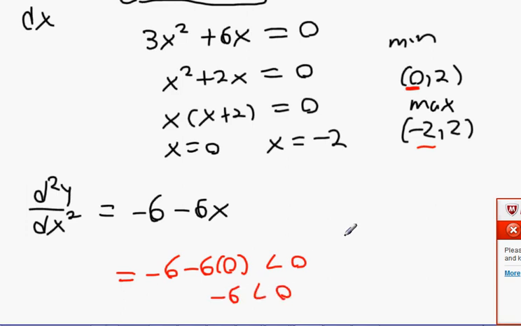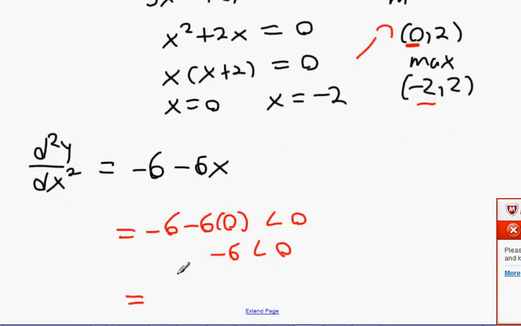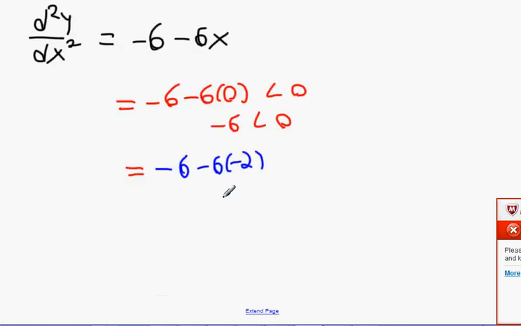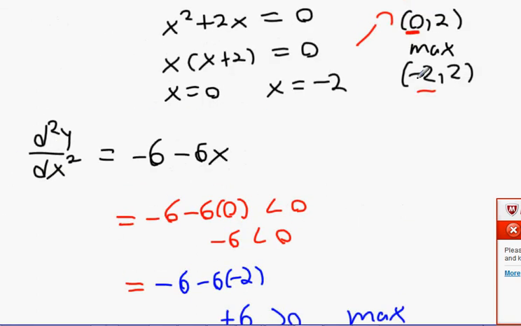Minus 6 less than 0 verifies that it's a max. Then I replace it with minus 6 times minus 2, which is plus 6, greater than 0, verifies it's a min. As predicted, min and max. You do have to do the second derivative though.